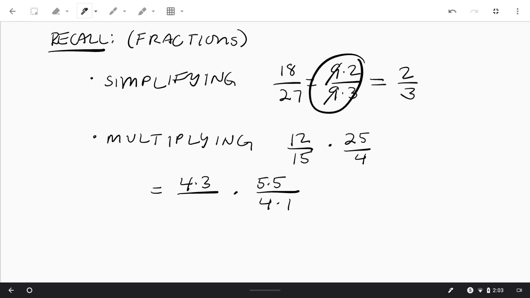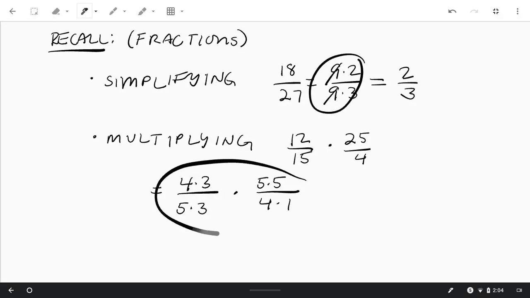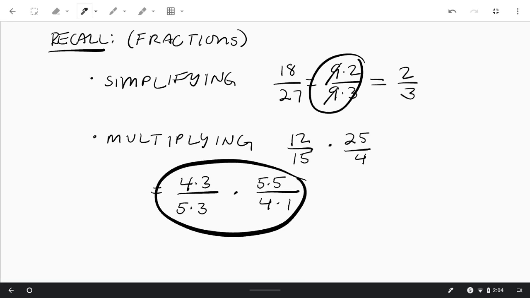Some of you might be thinking, oh, well, this seems a lot more complicated. I just cross cancel. And that's fine. Like I said, you would normally do that with numerical fractions, but I'm showing you this extra step where we do factor it, because that's what you're going to be doing when we look at rational expressions.